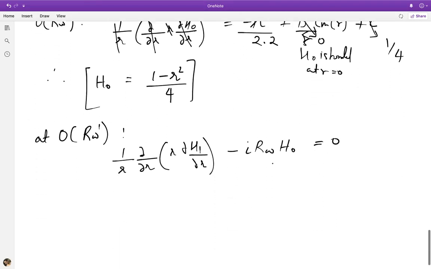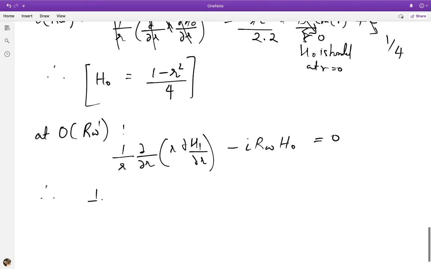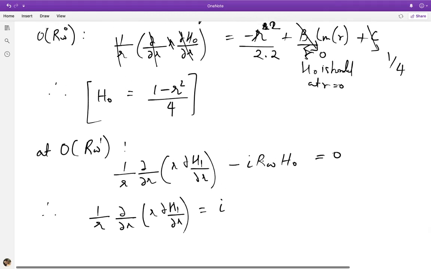So therefore the equation is 1 by r dou by dou r of r dou h1 by dou r is equal to I times, so this is at order Rw, so the Rw is factored out. So there is no Rw here because the Rw is factored out to get this equation.